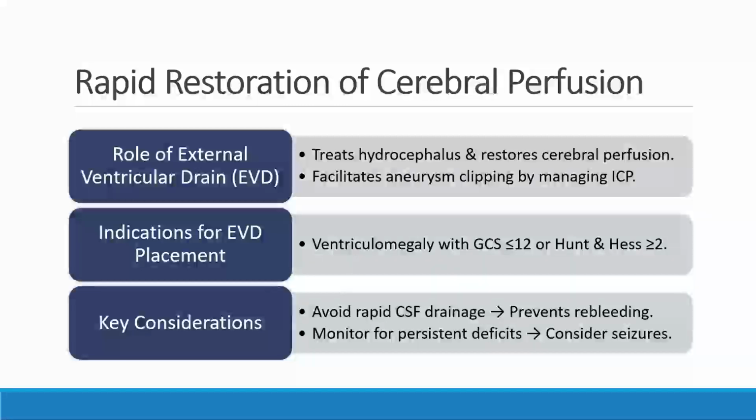What is the indication for EVD placement? Ventriculomegaly with GCS less than or equal to 12, or Hunt and Hess grade greater than or equal to 2. It is important to avoid rapid CSF drainage, because rapid CSF drainage can cause rebleeding. Monitor for persistent deficits, and consider seizures.